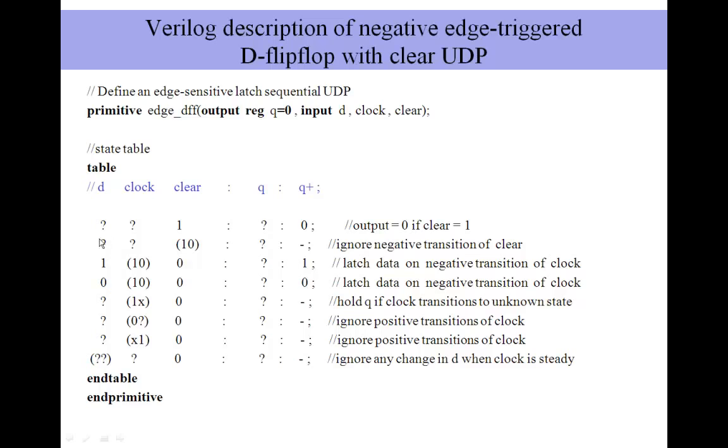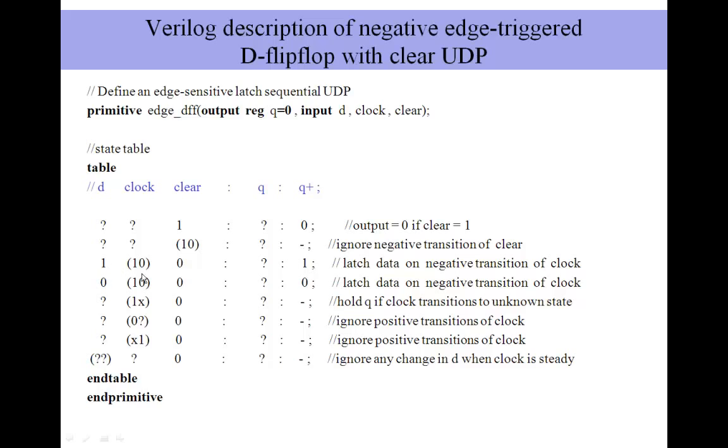If D is any value, clock is any value, and clear is transiting from 1 to 0, meaning a negative edge, it will not have any effect on your output. So the previous value, whatever it is, is retained irrespective of the current state. Dash indicates no change in output.